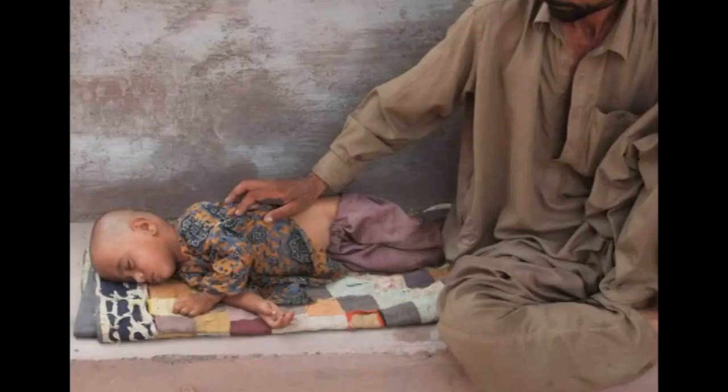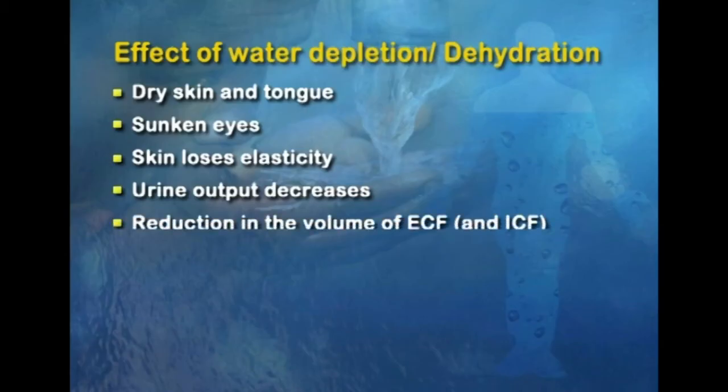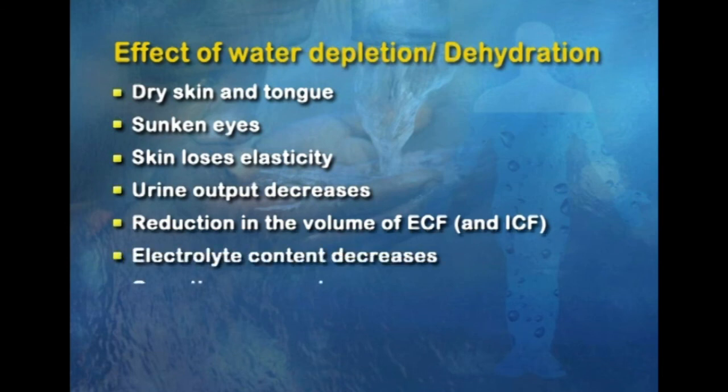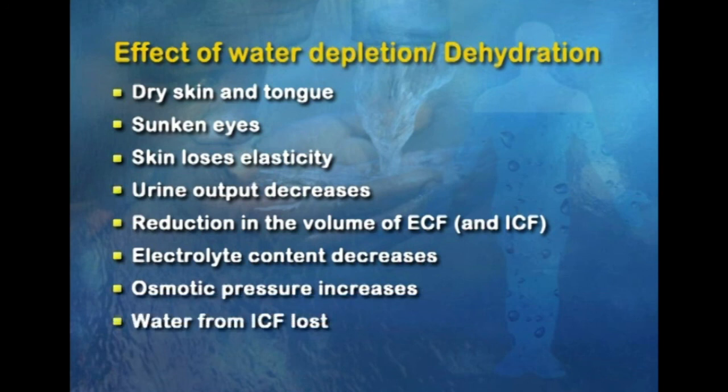In fact, in small children and infants, that is one of the indicators to tell us whether the child is dehydrated or not. There is also a reduction in the volume of extracellular fluid and thereby the intracellular fluid. The electrolyte content also decreases, the osmotic pressure increases, the water from the intracellular fluid is lost, and there is a subsequent loss of both sodium and potassium.